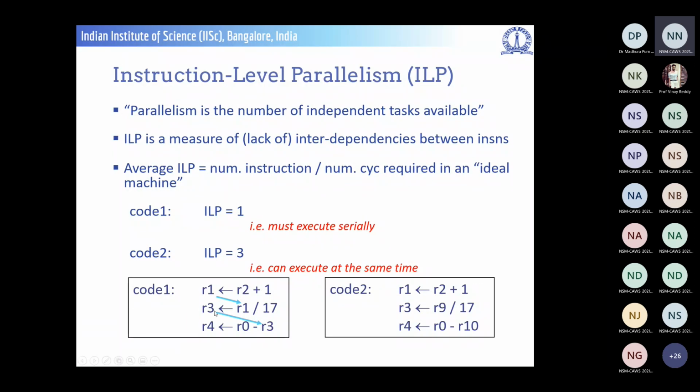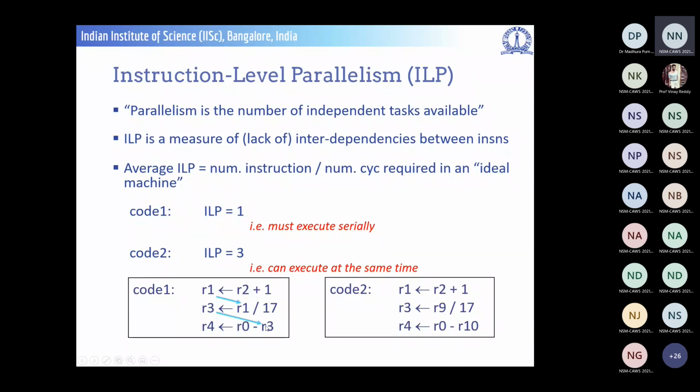Similarly, into R3 we put whatever value was in R1, divided by something. What you will observe is that the next instruction is dependent on the previous one, because unless you compute the value of R1, you cannot start computing the value of R3.